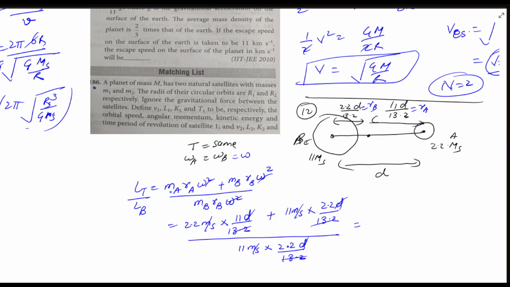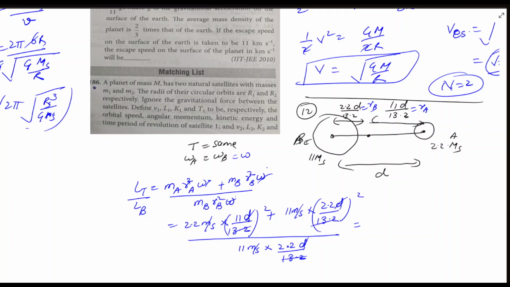So angular momentum is m r square omega. Okay, so that was a big mistake. Let me correct it. So it will be m r square omega. Okay, yes. So this will be squared, and this will be squared.